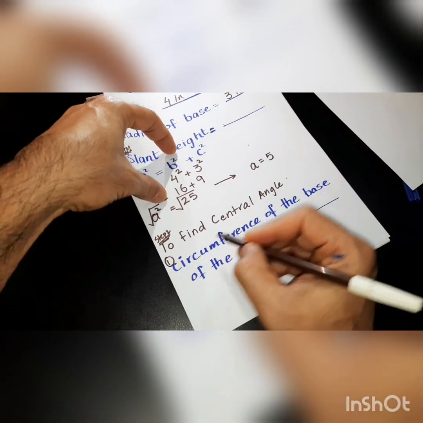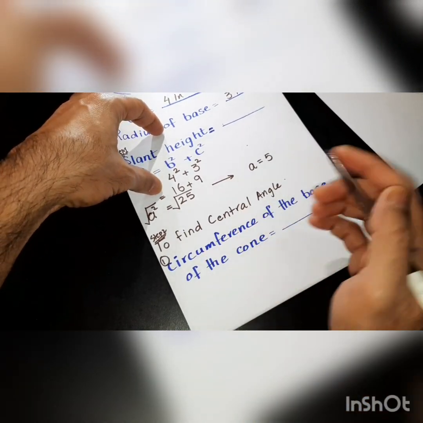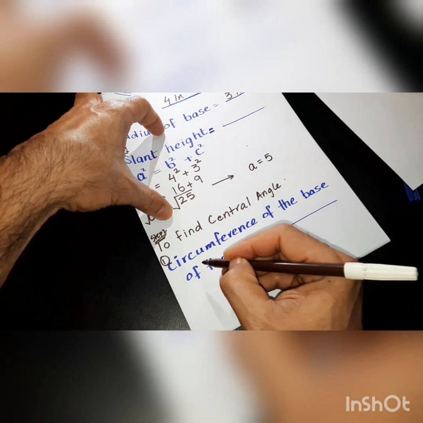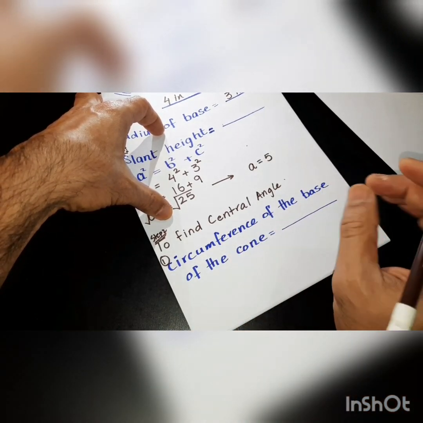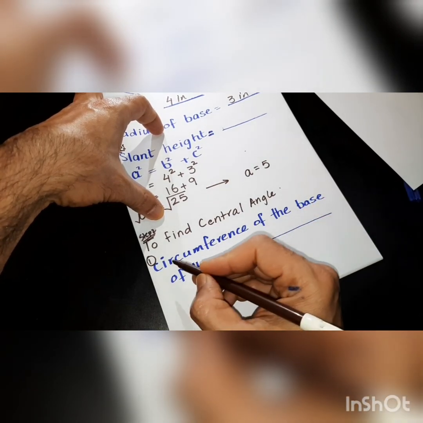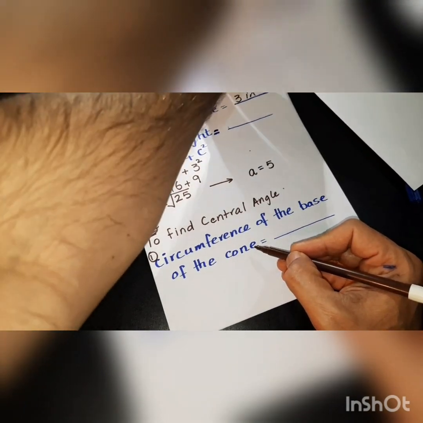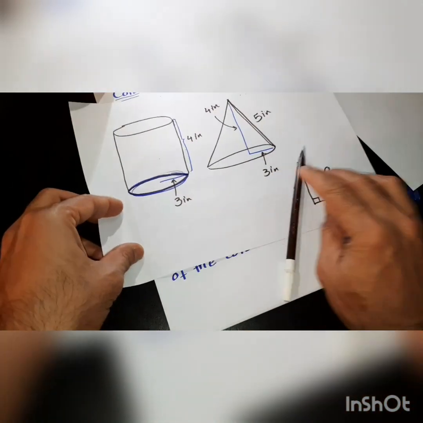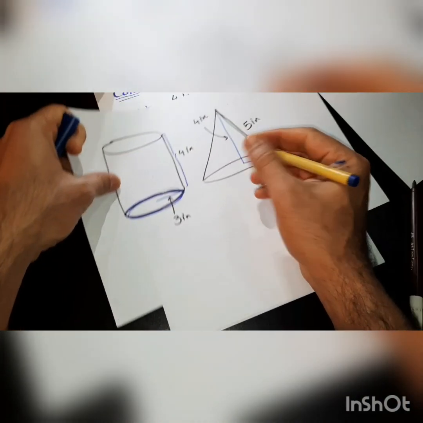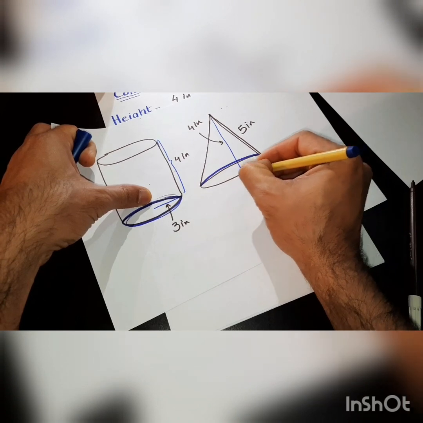To use the formula for the central angle, we need to find two values. One of them is the circumference of the base of the cone, which is exactly the same as the circumference of the base of the cylinder.